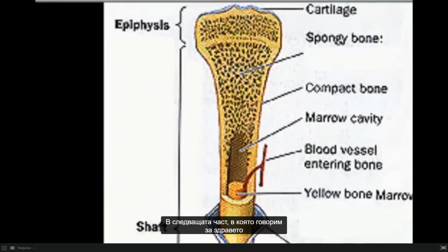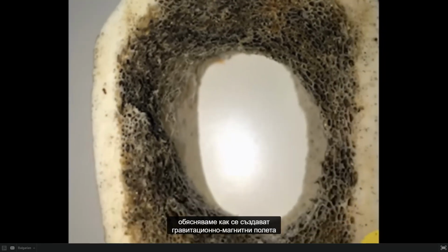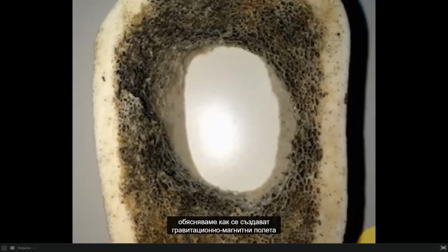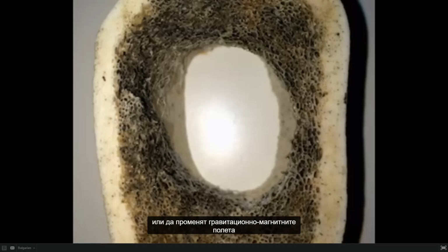So, in the next stage, when we talk health in respect to bone, we speak about how to create gravitational magnetic fields within the bone structure that can be accepted or change the gravitational magnetic field of the nano layers within the bone structure, which can lead to production of what is needed to boost the immune system, or to boost the T cells or the red blood cells.